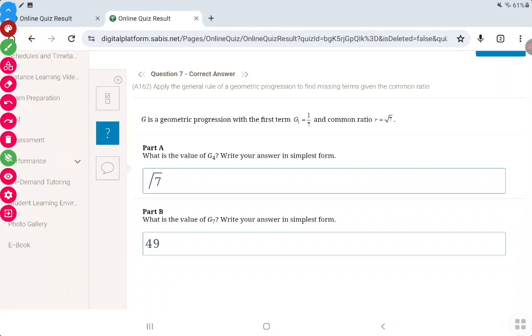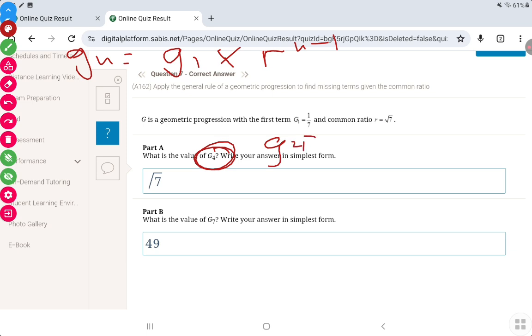Okay, what's the value of G4? To find the general term of a geometric sequence, Gn equals G1 times R to the power of n minus 1. So here they told us they want G4, so that means n is the small number down here, which is 4.